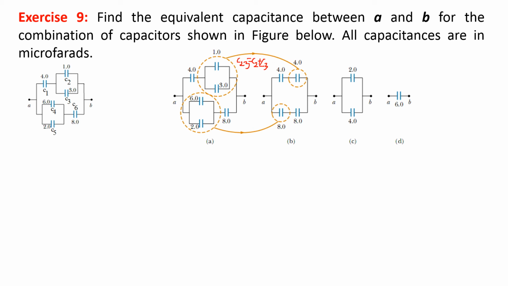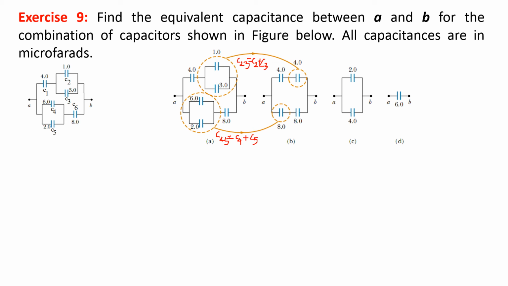Then we take capacitor C4 and capacitor C5 to be in parallel, and we simplify them into one capacitor with capacitance C45, which is equal to capacitance 4 plus capacitance 5.